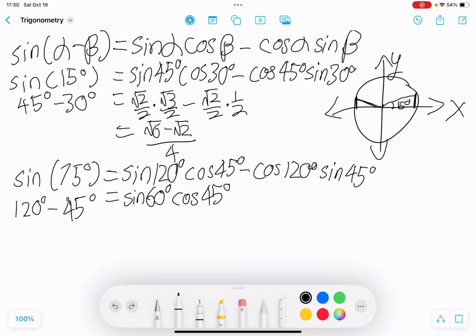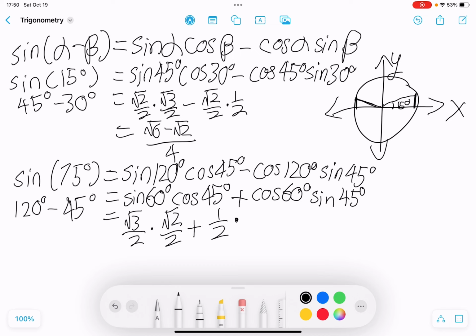Cosine 120 is negative cosine 60, so negative becomes plus cosine 60 degrees times sine 45 degrees. So this is equal to root 3 over 2 times root 2 over 2 plus 1 over 2 times root 2 over 2, which is root 6 plus root 2 over 4.